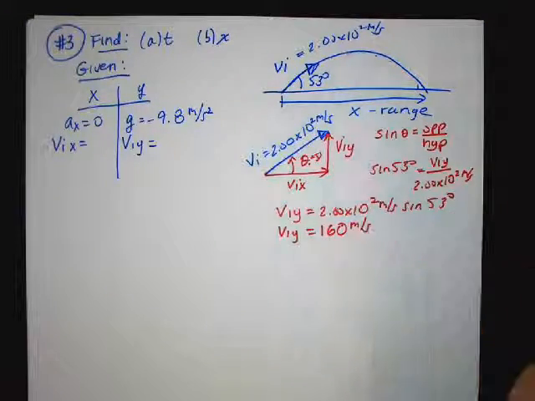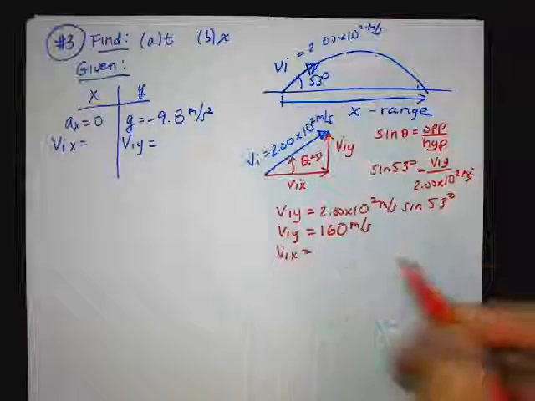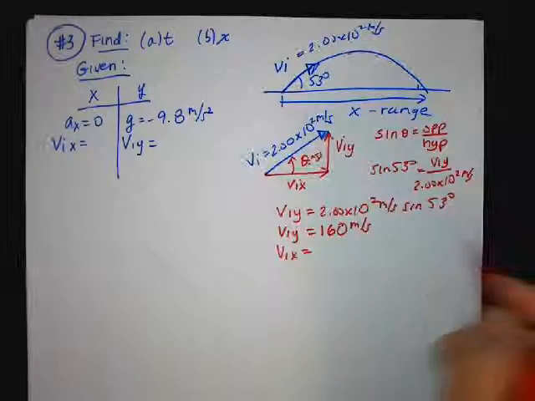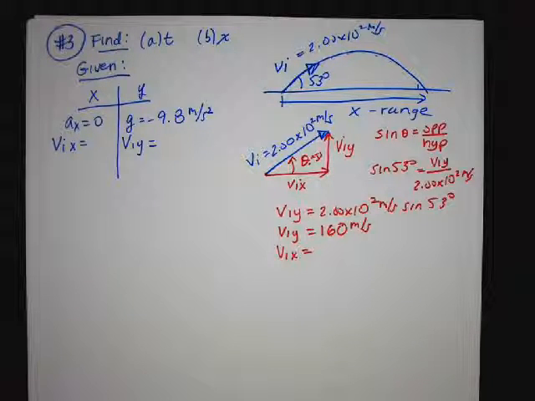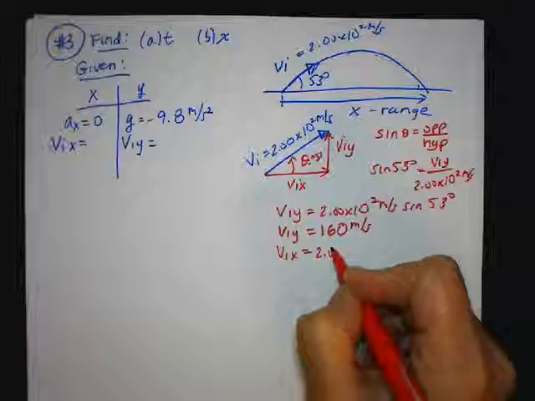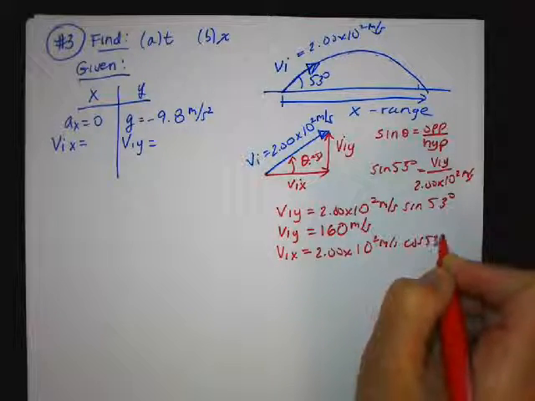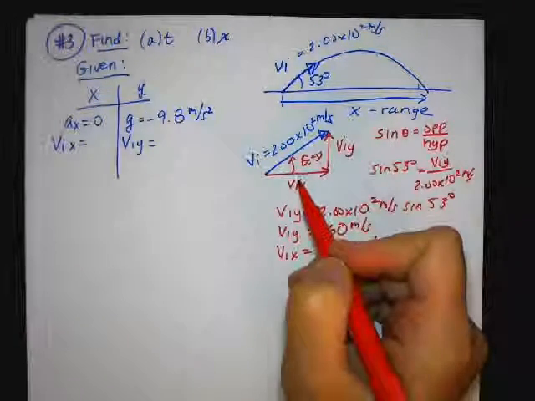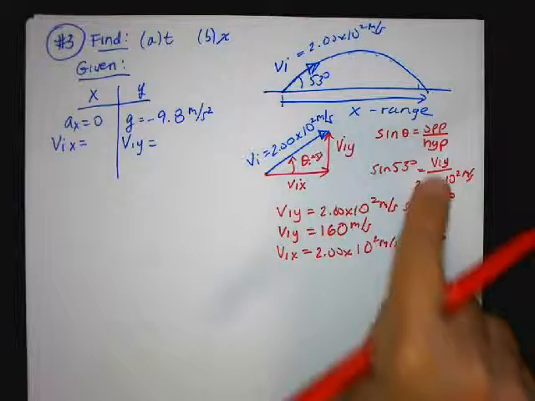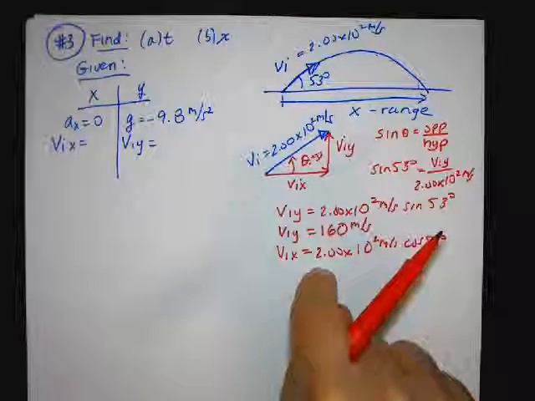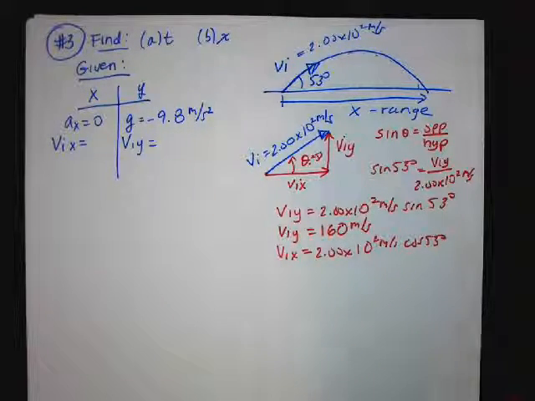Now VIX is going to be 2 times 10 to the 2 cosine of 53. How do I know it's cosine? It's adjacent to the given angle because cosine is adjacent. So if this step is too much for you, write cosine of theta is adjacent over hypotenuse, substitute in your values, and then multiply through.